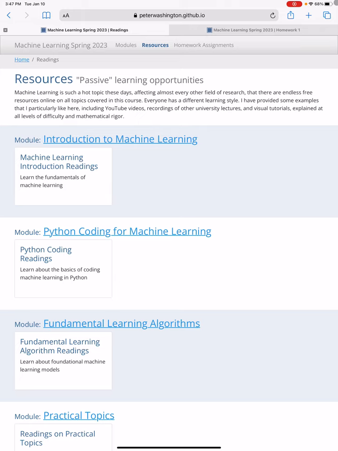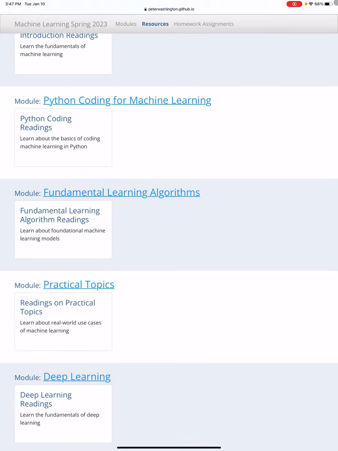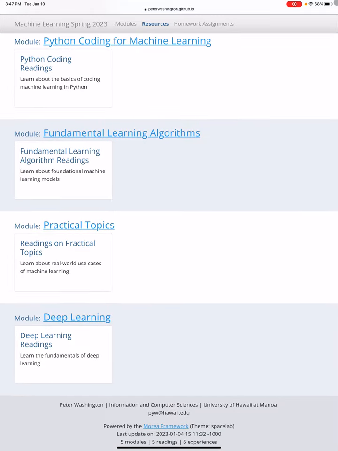We'll have an intro to machine learning module where we cover how to do machine learning for the basic linear models. Then we'll have a module on Python coding for machine learning, a module on the fundamental learning algorithms, the ones that you need for every data scientist interview. We'll cover a bunch of practical topics, and then we'll end with deep learning.